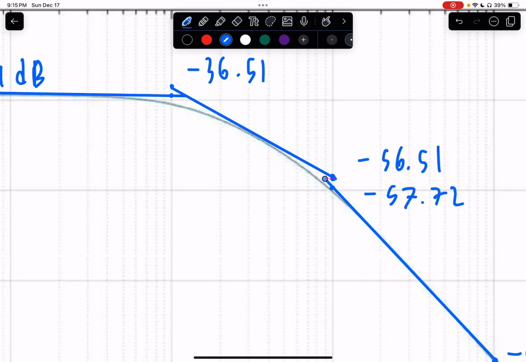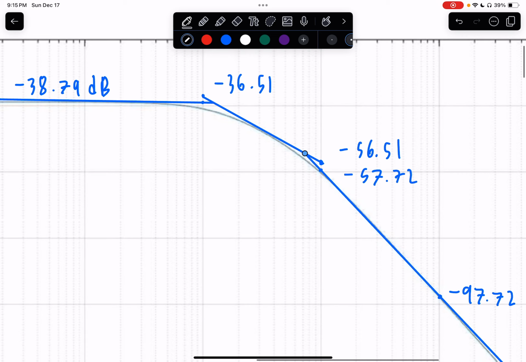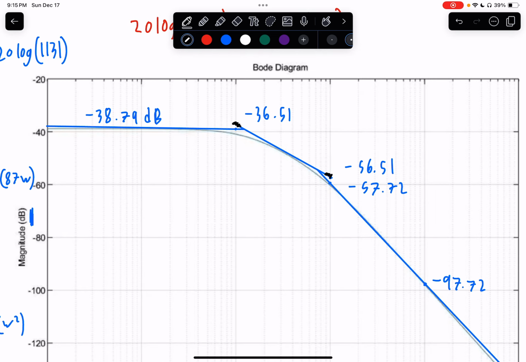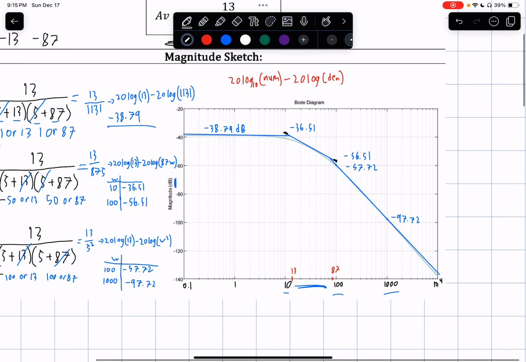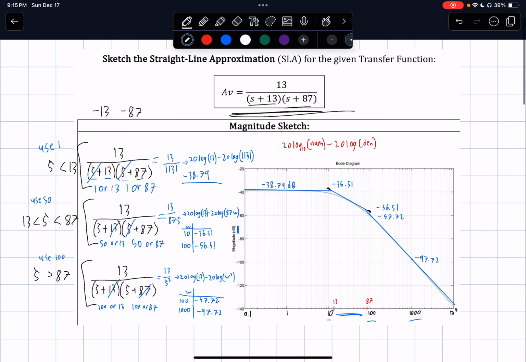Same thing with this one. We'll draw that one out a little bit more. There we go. What we can do from here is just scribble those overlays out. It's okay if they overlap. But yeah, there you go. That's how you find the straight line approximation for the magnitude graph of a transfer function.